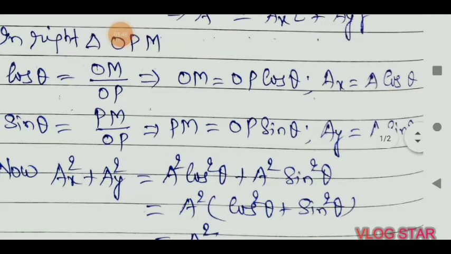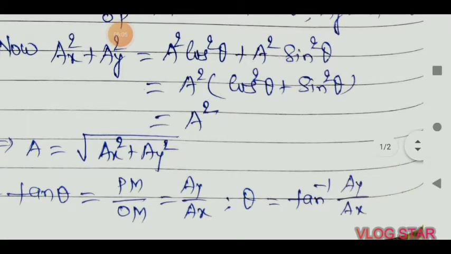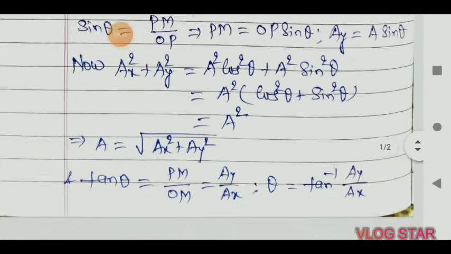Now we square these and add, so AX square plus AY square gives A square, because A square is taken common and sin square theta plus cos square theta becomes unity. So we get the magnitude of vector A as root under AX square plus AY square.